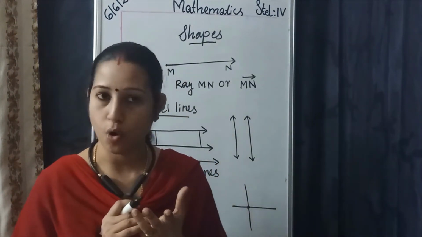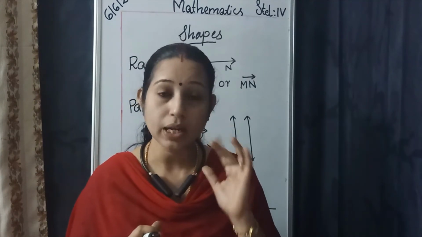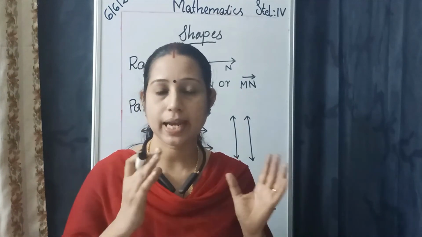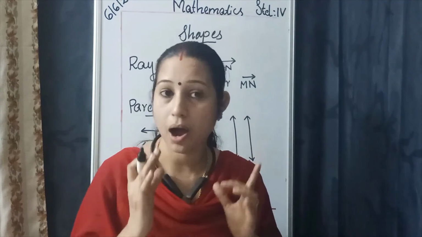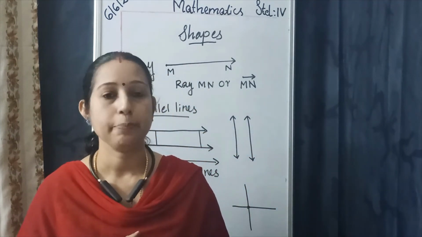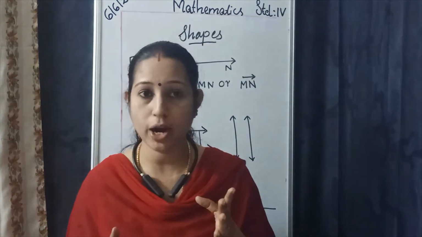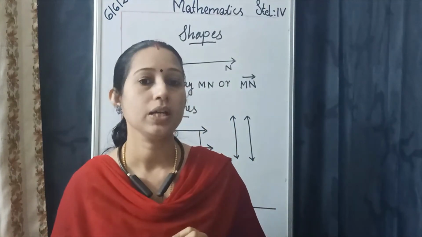First, point: it has no dimensions. Then line: no end point, and it extends in both directions. Then line segment is a part of a line. It has two endpoints. Then ray: it has one starting point and extends to the other side, meaning one endpoint.